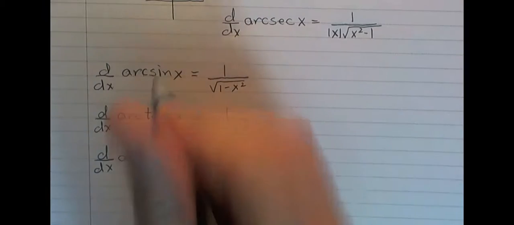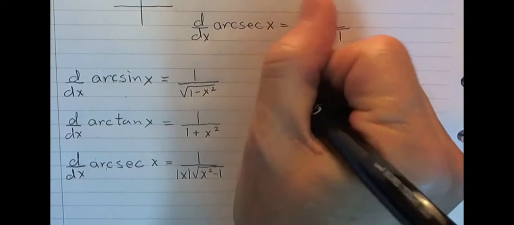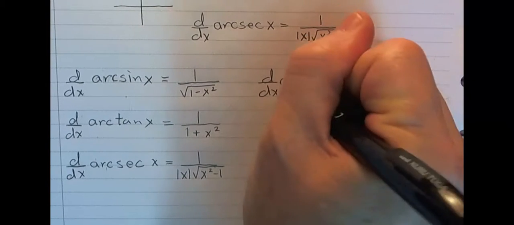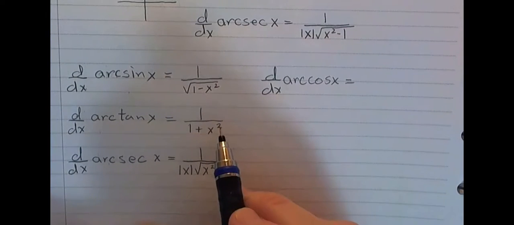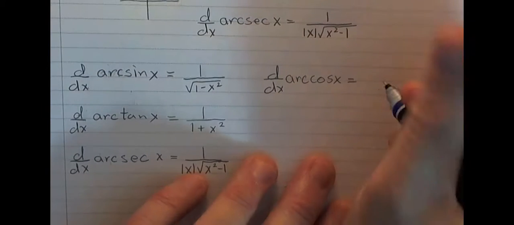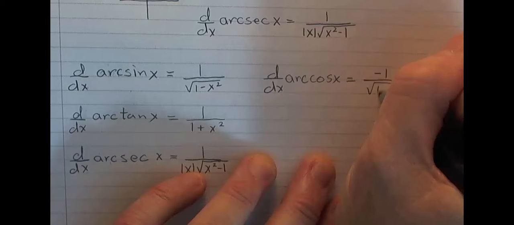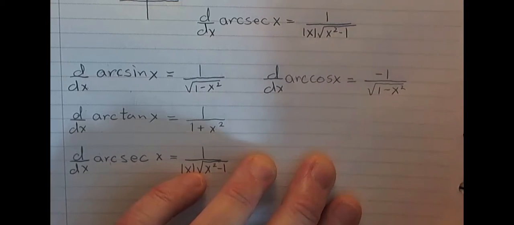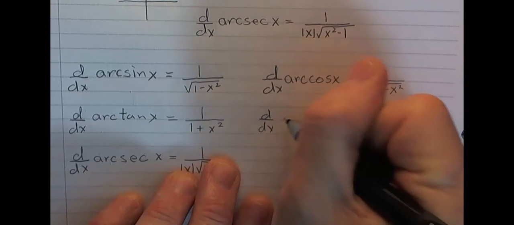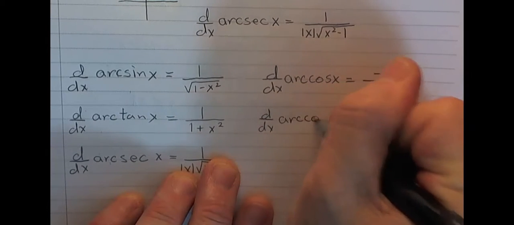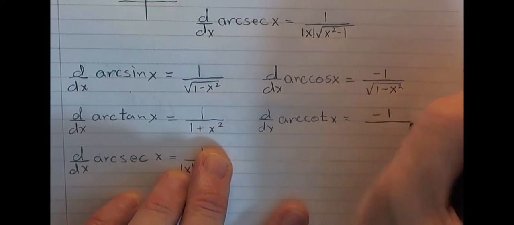Now here's the thing. These are the ones I found. You could go through a similar process and you could find the derivative for arc cosine. It's going to be just like arc sine, except it's going to be negative. It's always negative. There it is. Likewise, arc cotangent is going to be just like arc tangent, but negative.